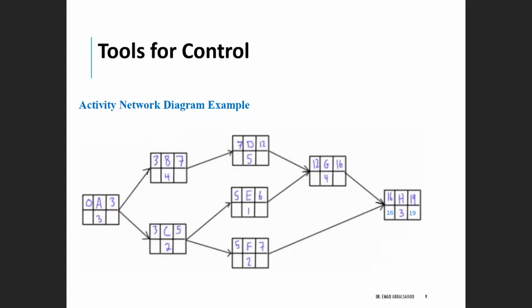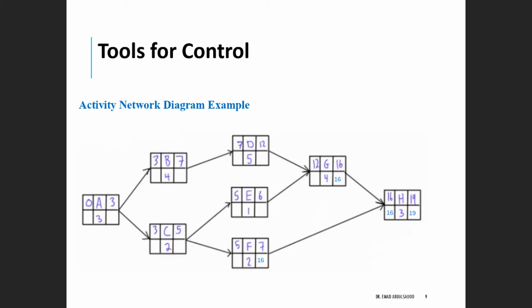So we type 16 here. Now the 16 will also be moved to the prior activities. So we will move the 16 here, and as we did previously on the left to right path, we will move the latest finish time from the prior activity into the preceding activities.